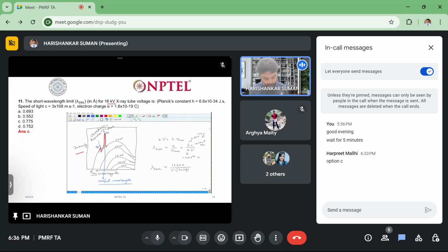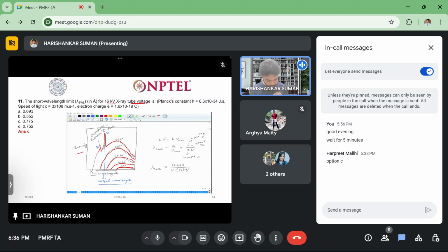Intensity versus wavelength. If we apply voltage in the X-ray tube, 5 kilovolts, we will get a spectrum like that, then 10, 15, 20 kilovolts, increasing the voltage, and 25.